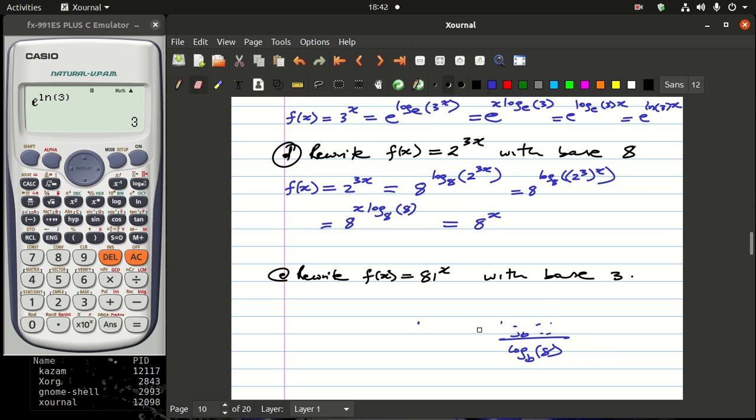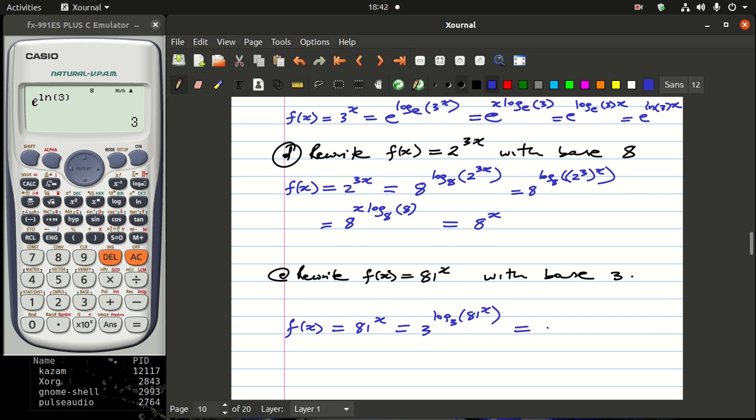And the same thing here, you will find out that whenever you have f of x is equal to 81 to the power x, I want base 3. So I want to have 3, and then I want to have log base 3, so that these two cancel out, and I want to have 81 raised to x there.